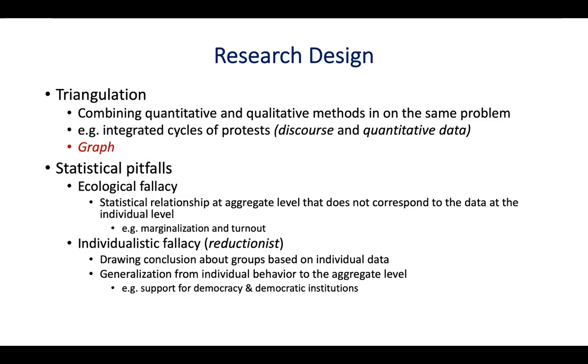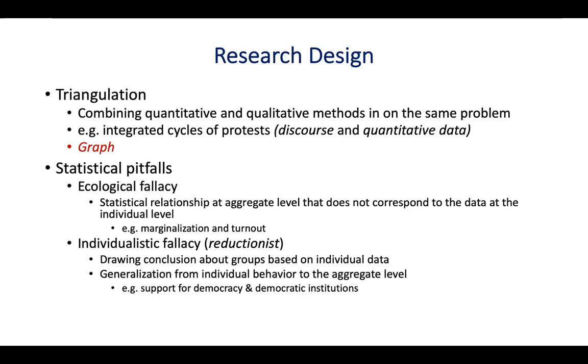Sometimes you don't have data that would tell you something about the socioeconomic status of the individuals. You cannot disaggregate this data, and then you make inferences from this aggregate data to establish causality, and to draw conclusions about the individual data or the individual turnout.